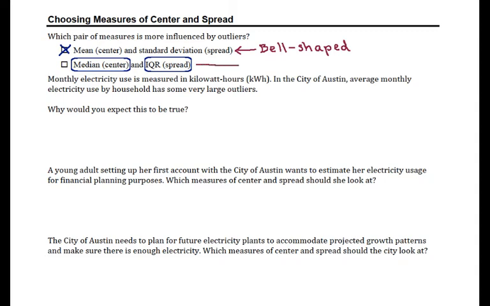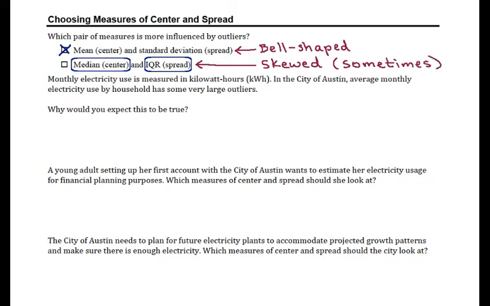And if we have a heavily skewed distribution, then it's a bit more common to use the median and the IQR. But it's not true that we would choose that every single time that we have a skewed distribution. So I'll say sometimes here because it really does depend on the context.